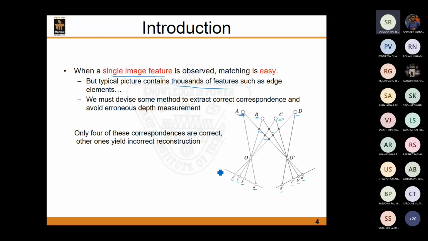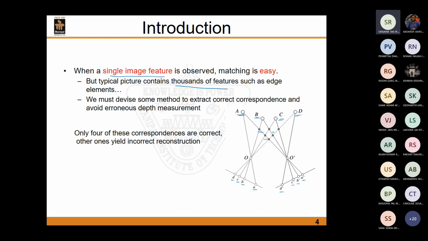So this process of trying to find these 3D world points is not as simple or straightforward as was discussed earlier, because as we have more features and more points, it becomes more complicated, and we will have to incorporate more steps in order to find out the actual points of intersection, these capital A, B, C, and D.